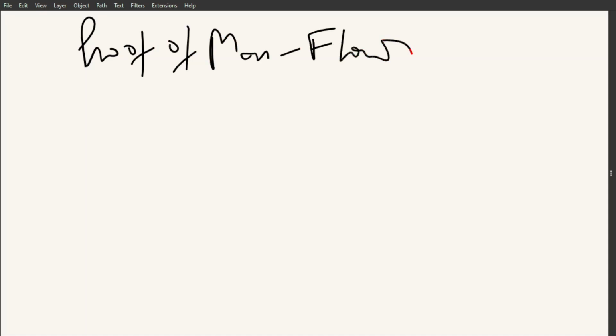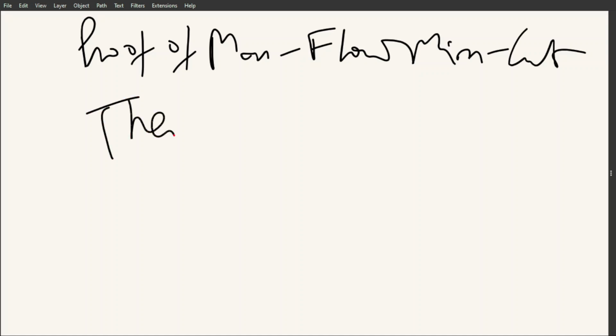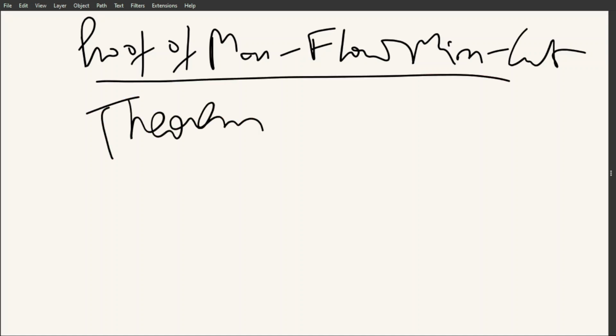So we'll prove the Max-Flow Min-Cut Theorem. Here we have a very simple observation. Just remember the Ford-Fulkerson algorithm.